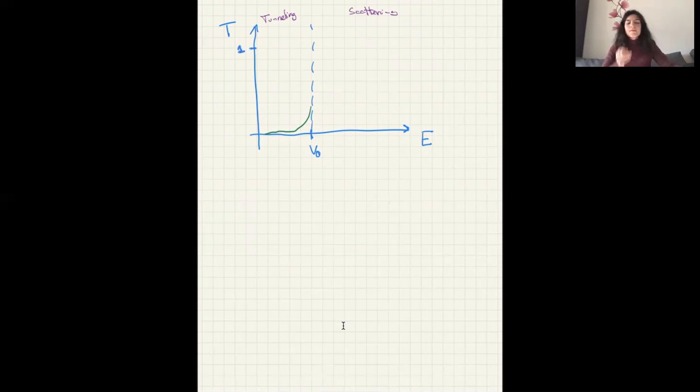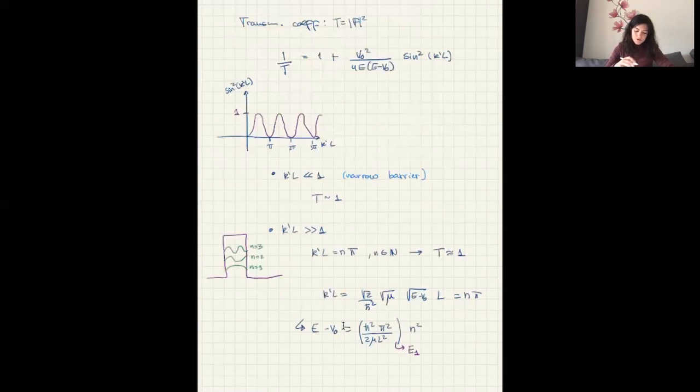The curve is going to get very close to 1 at intervals of some energy E1 times n squared, so they're going to get farther and farther apart. But also as the energy grows, this term becomes larger, which means that overall we tend to go to 1 in the transmission rate, because this whole thing is going to go to 0.